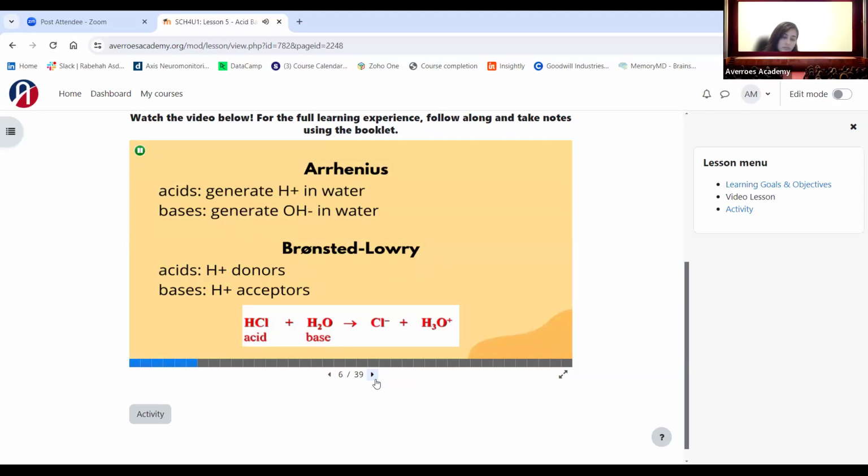So hydrogen chloride acts as a Bronsted-Lowry acid, whereas water, the one accepting the H+, acts as a Bronsted-Lowry base. According to the Bronsted-Lowry theory, acids are H+ donors and bases are H+ acceptors.